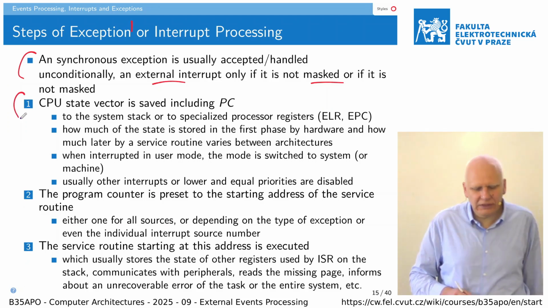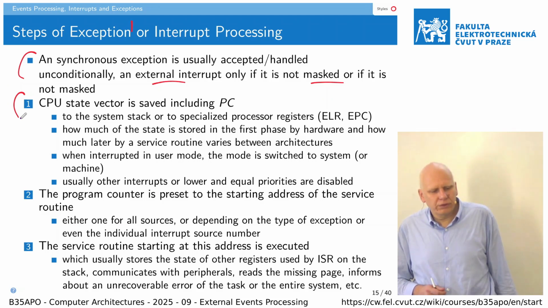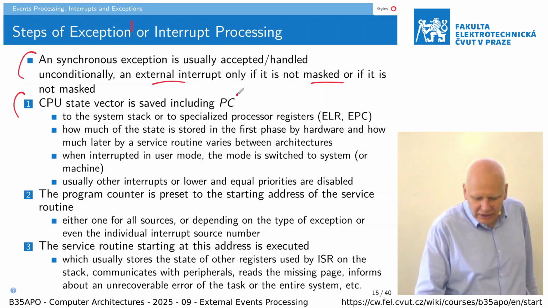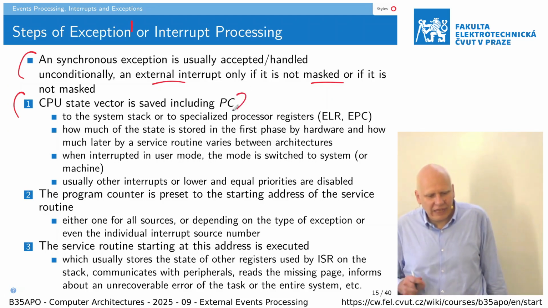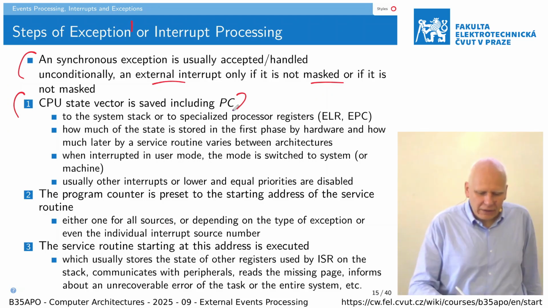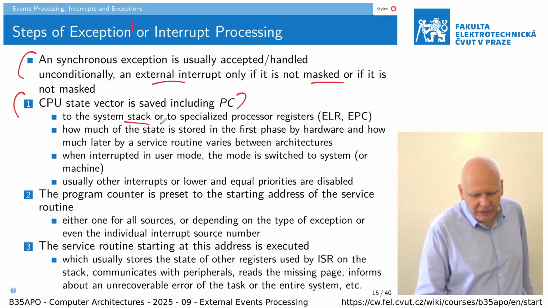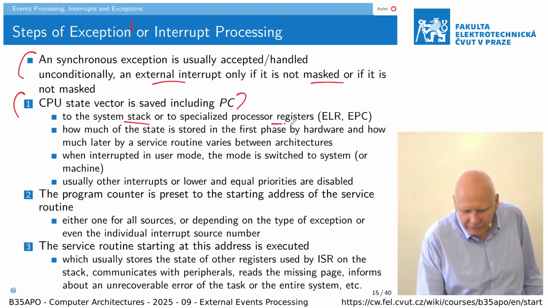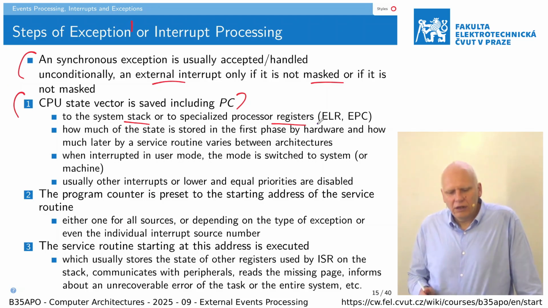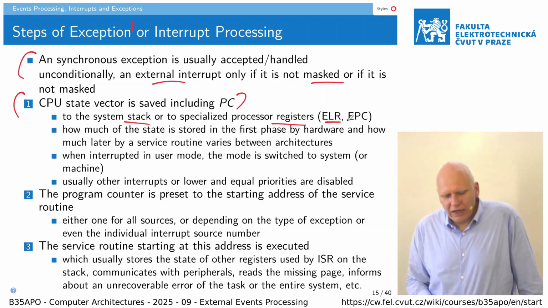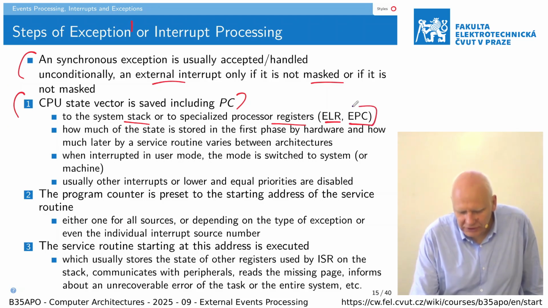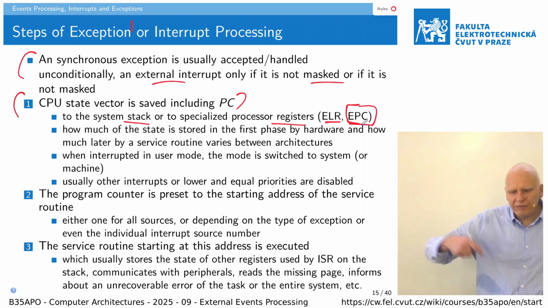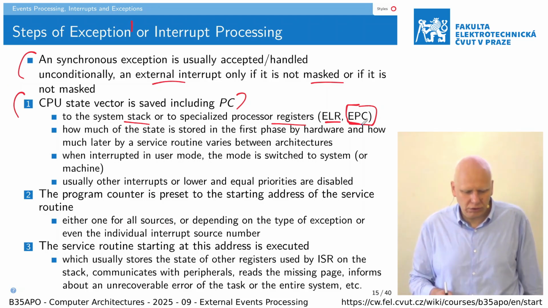The next step is that the CPU state vector, some registers or at least the program counter, is saved somewhere. And where to save the state? One option is that we have the stack; we will get to that during the next lecture. Or we can have some specialized register, for example, exception link register or exception PC on RISC-V, where we store the program counter value before the exception has occurred.